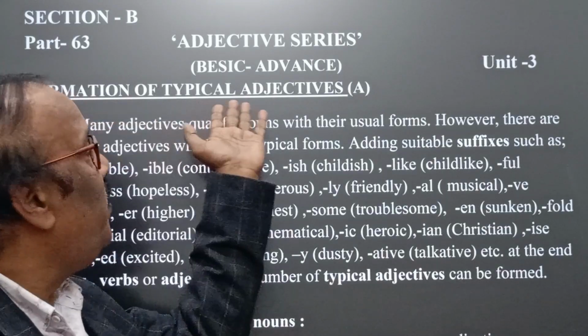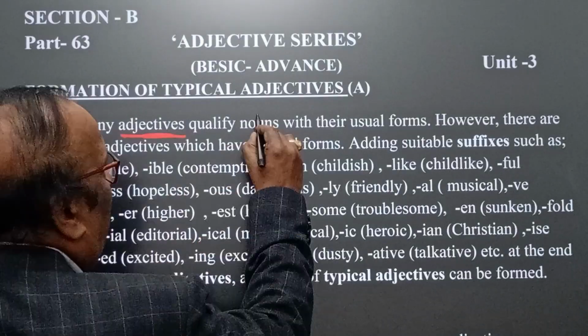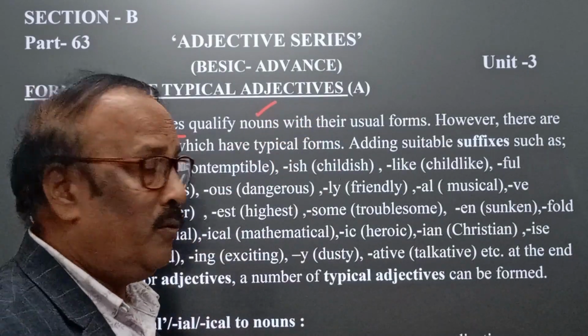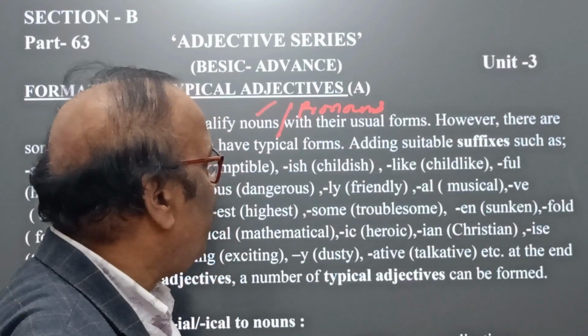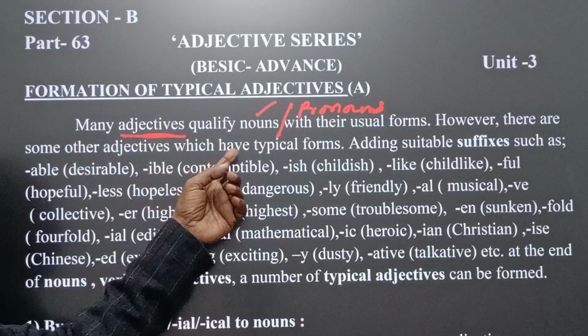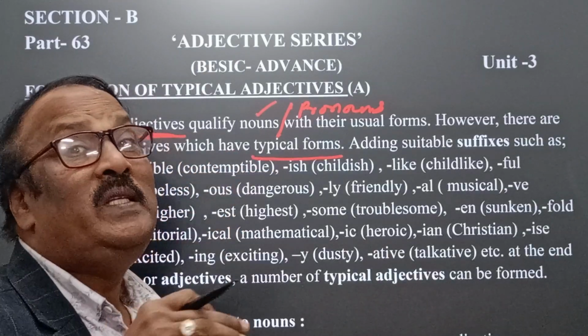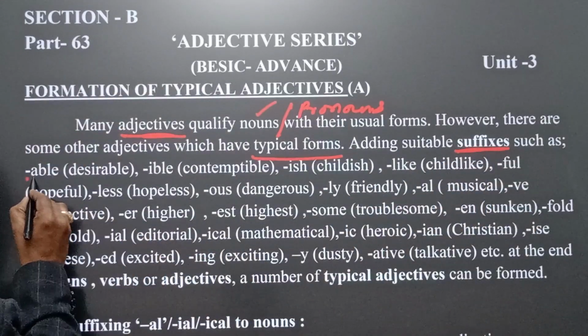What do you mean by typical adjectives? Let's see how. Many adjectives qualify nouns and side by side pronouns with their usual form, means normal forms. However, there are some other adjectives which have typical form, which is created by adding suitable suffixes such as able.